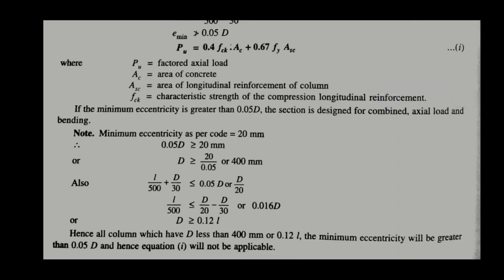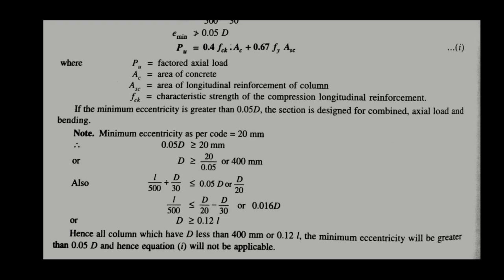Therefore, 0.05 D is greater or equal to 20 mm. So, D is greater or equal to 20 by 0.05, or 400 mm, and here D is lateral dimension, as you know. Also, L by 500 plus D by 30 is less or equal to 0.05 D or D by 20.